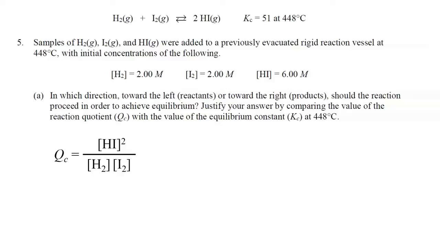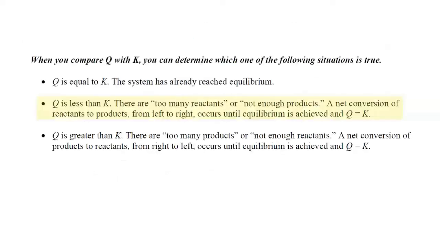For hydrogen iodide, that's going to be 6 molar on the top, so 6 squared. And on the bottom, it's going to be 2 molar for each reactant, so 2 times 2. 6 squared divided by the product of 2 times 2, that's 36 over 4, which is 9. Let's compare the value of 9 with the value of 51, and we can see that since Q is less than K, this means that there are either too many reactants or not enough products.